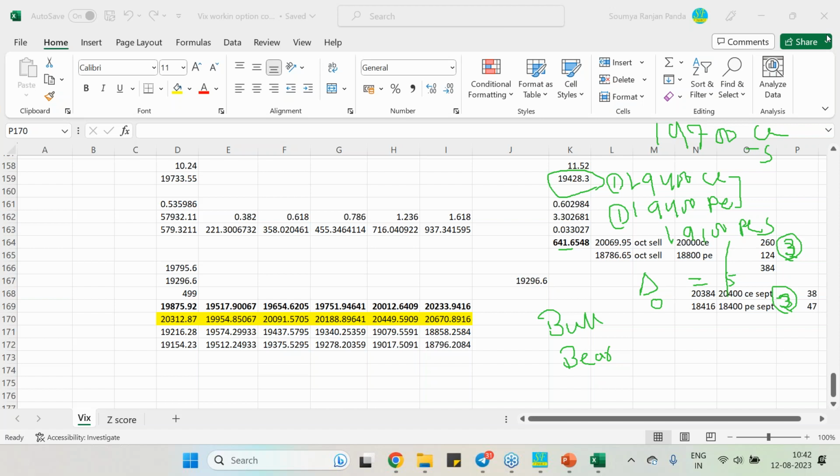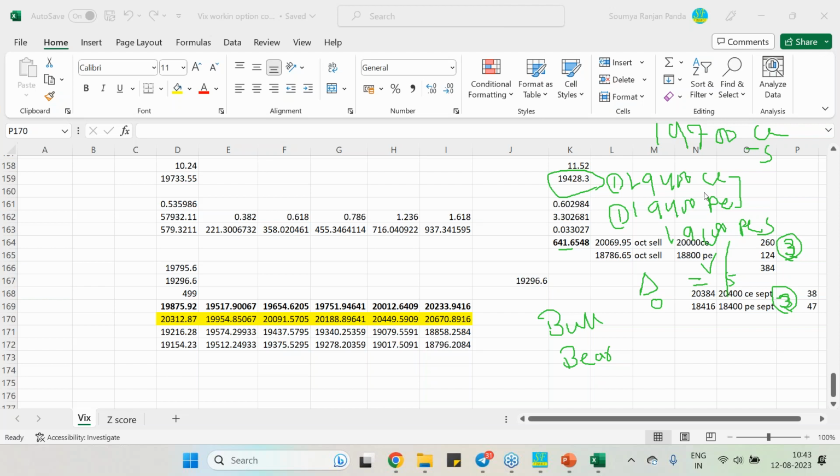By this process, in case the VIX increases, in case delta is taken care of, or in case the price penetrates 20,000 or 18,800, the strategy will not go to loss.